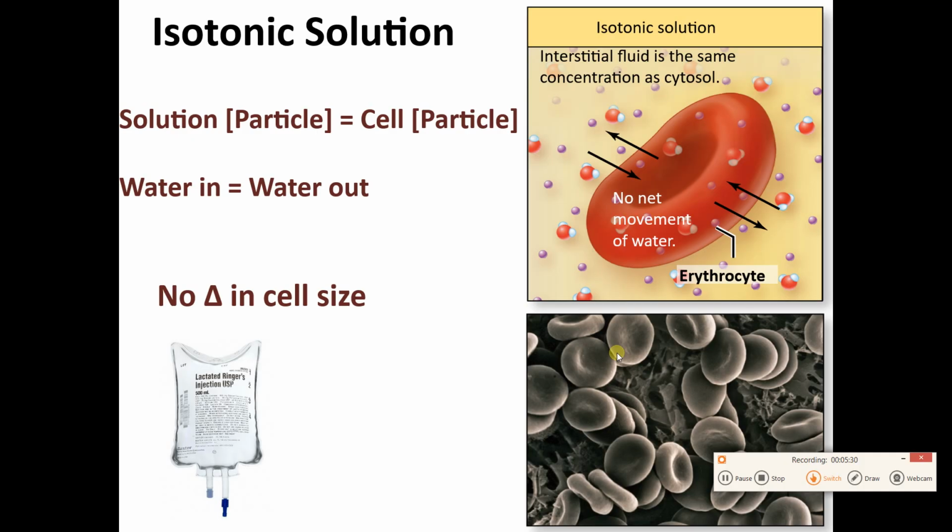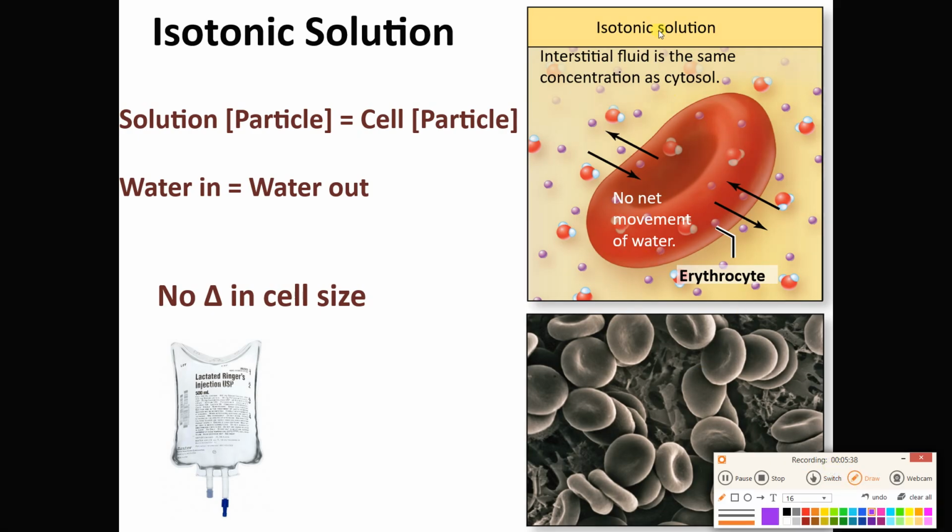Let's suppose I put a red blood cell in a solution called an isotonic solution. In an isotonic solution, the concentration of particles out here is the same as the concentration of particles inside the cell.